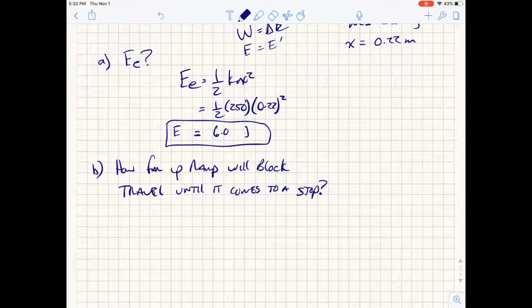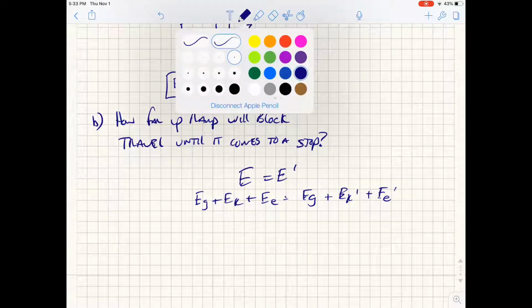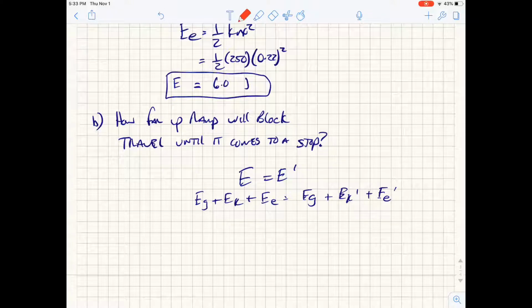We've got master equation E equals E prime. And we'll write down all the players in the game, plus EK prime plus EE prime. All right, well, let's analyze the situation. This is the physics part of it.